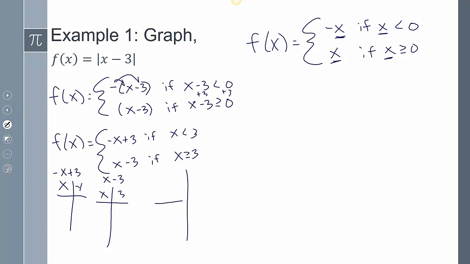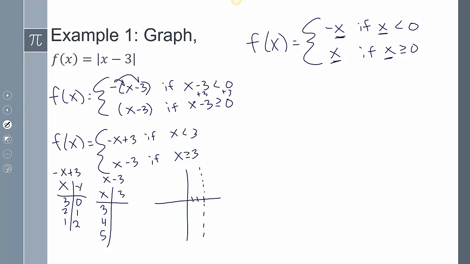And then I'll drop my graph here. So picking values, I can do 3, 2, 1. If I plug in 3, I get 0. If I plug in 2, I get positive 1. If I plug in 1, I get 2. And on this one, picking values 3, 4, 5, because I know that this is where it's going to change graphs.